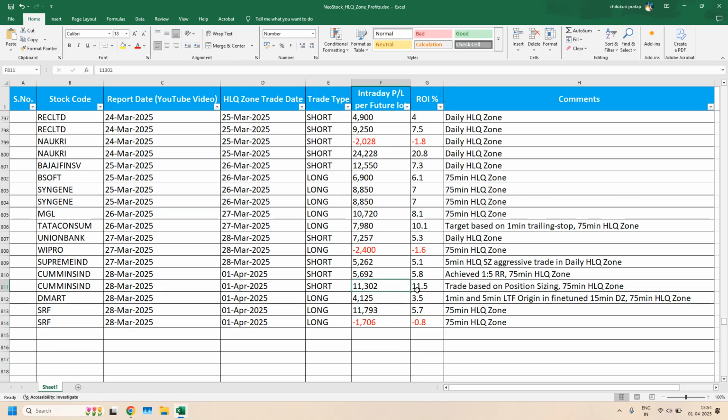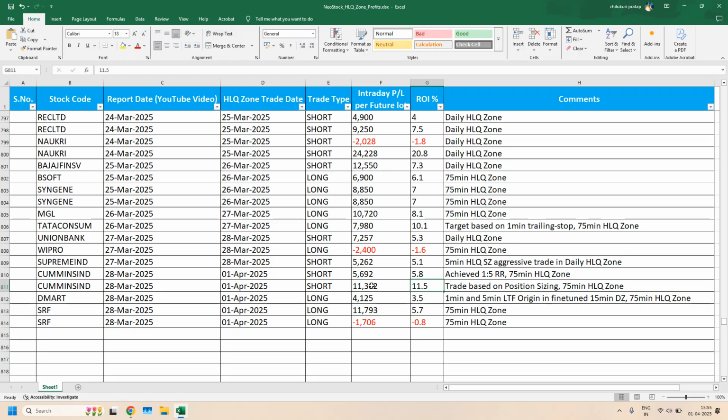See here, for 11,000 we got 11.5%. Here, for 11,000 we got only 5.7% ROA. What is the reason? Because there the margin cost is less than 1 lakh. But here the margin cost is a little over 2 lakhs, around 2 lakh 7,000 rupees. So that's why your ROA is reduced here. There the ROA is 11.5 because your investment is less.